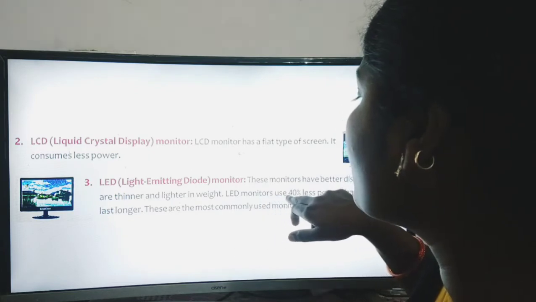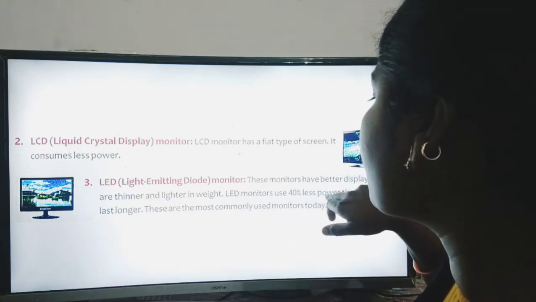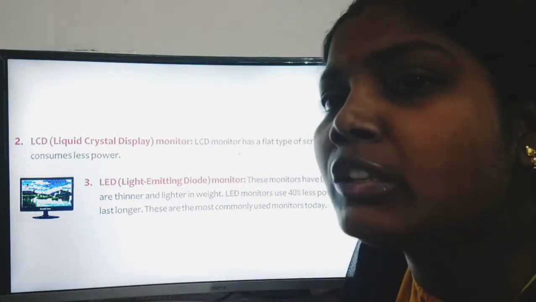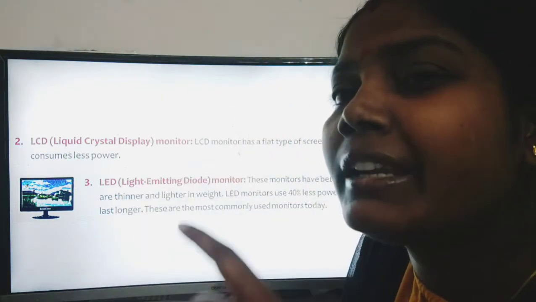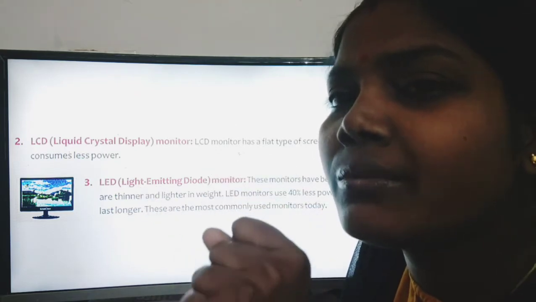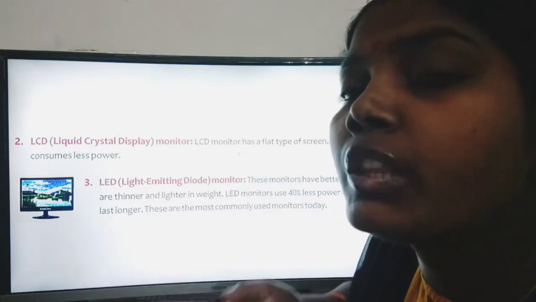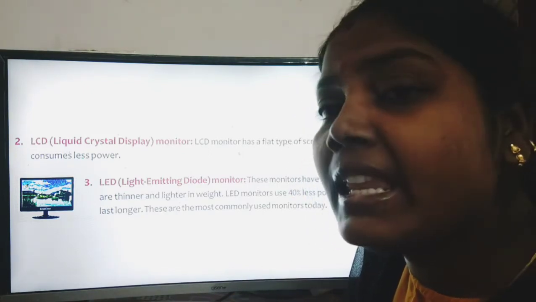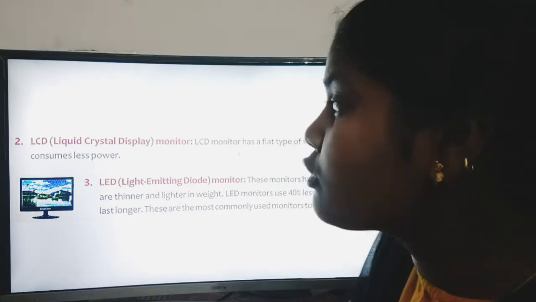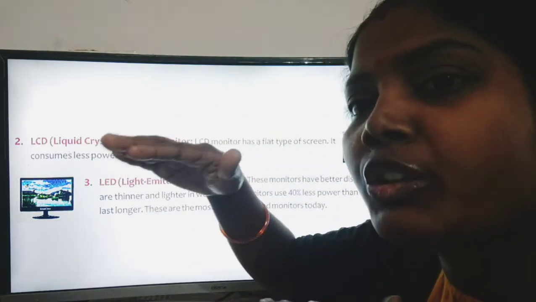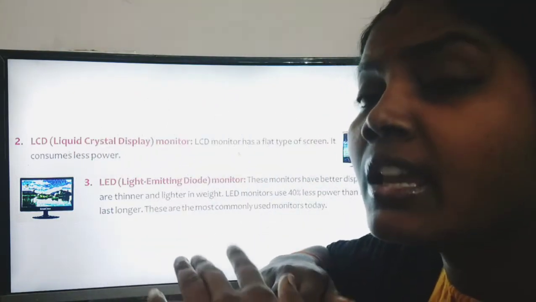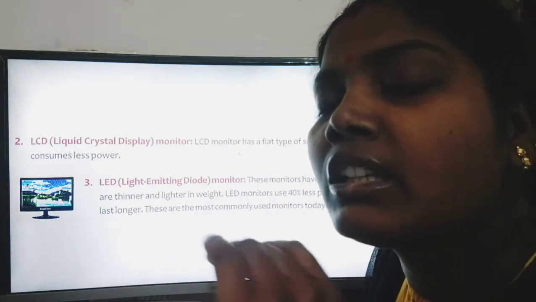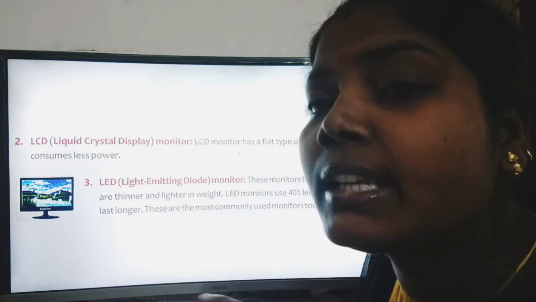LED monitors use 40% less power than LCDs. So when comparing to CRT and LCD, it uses very little power. When people went for more advantage, they found LED. Compared to LCD monitors, LED monitors use 40% less power.